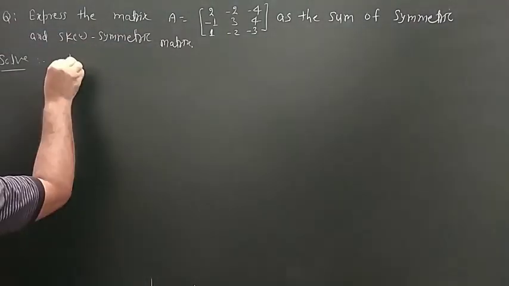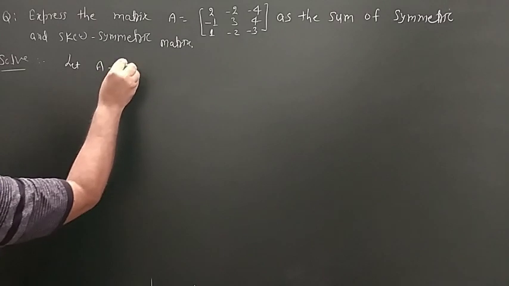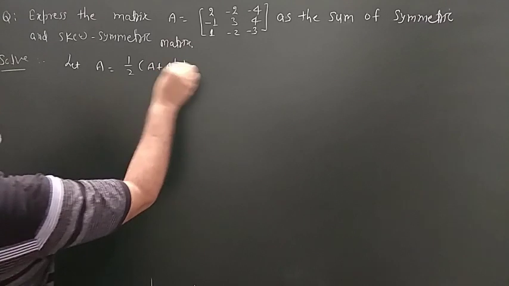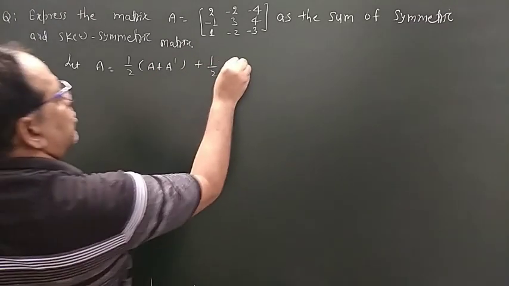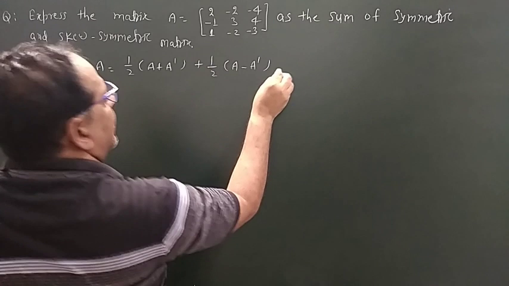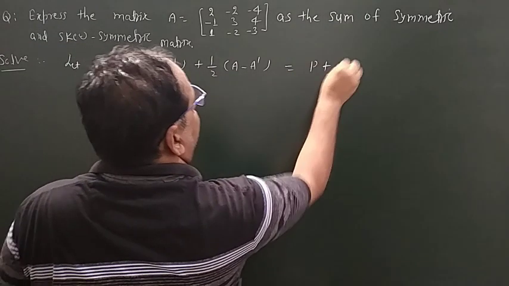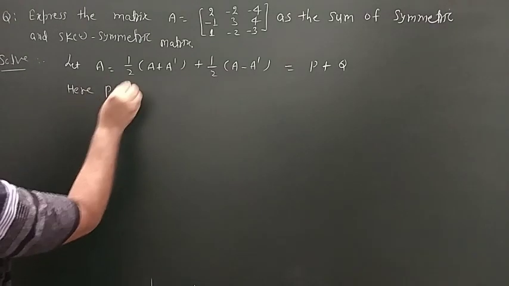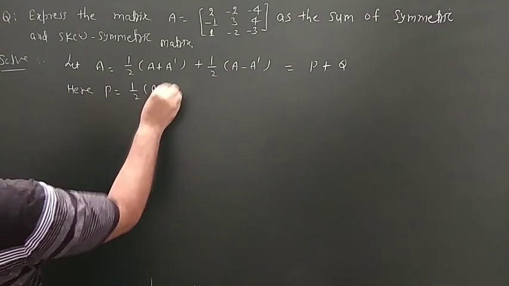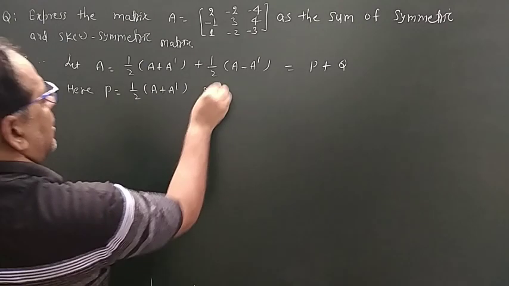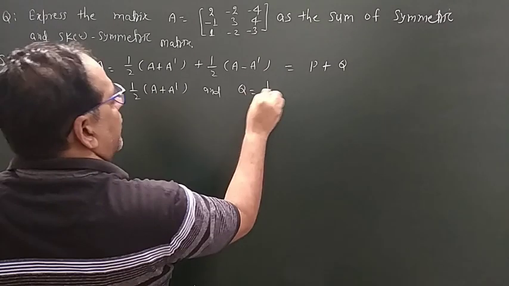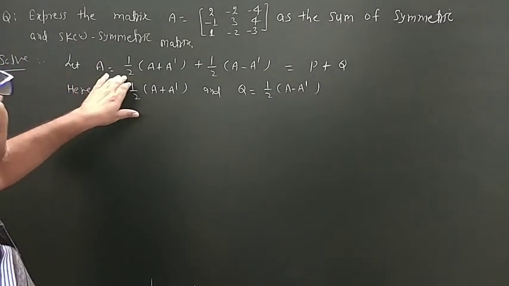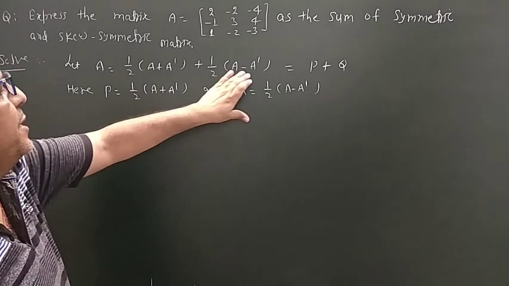So now let A equal to 1 upon 2 (A plus A dash) plus 1 upon 2 (A minus A dash), equal to P plus Q. Here P equals 1 upon 2 (A plus A dash) and Q equals 1 upon 2 (A minus A dash).